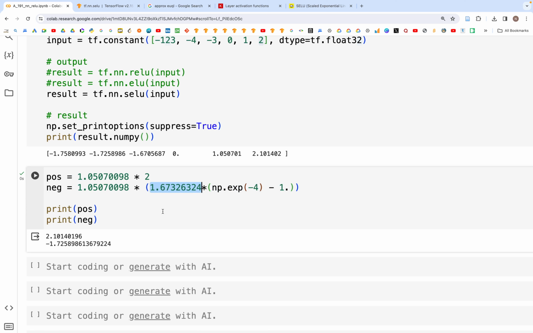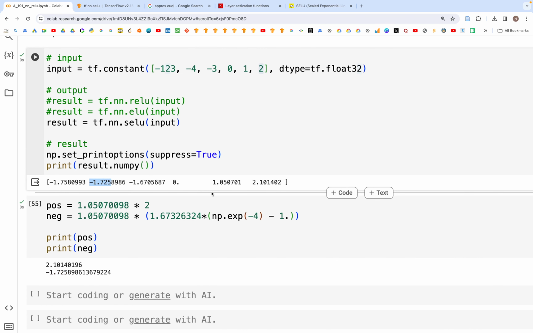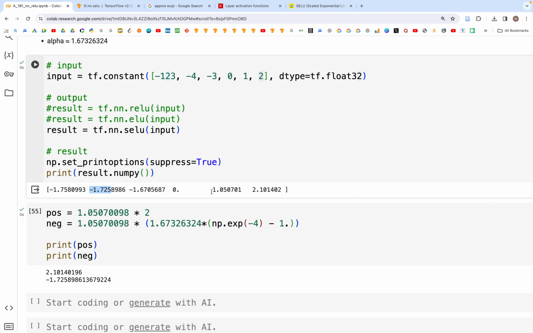Then to all of this we multiply by lambda, which is 1.05, and when we run this, we get a value of 2.101 for 2, which is this one, and we get a value of minus 1.725 for minus 4, which is this value. So this is how we can use the scaled exponential linear units.